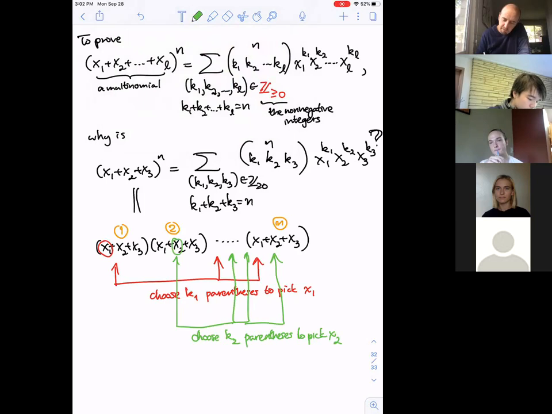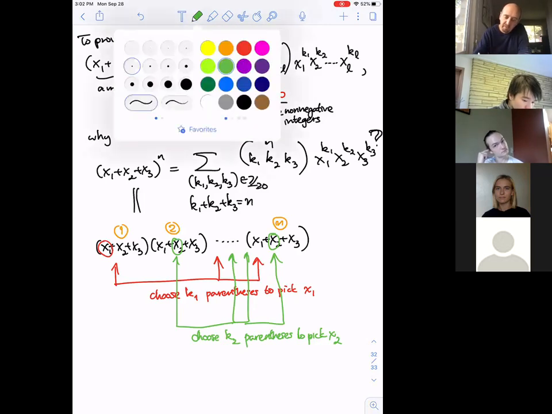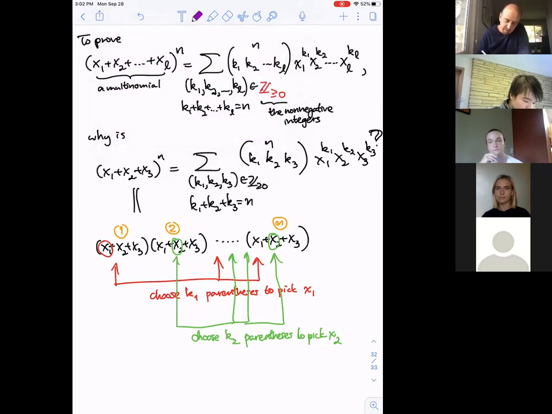So like this one and maybe this one. And it looks like I didn't give myself any parentheses to pick x3s, but I should have. And then maybe there was some intermediate parenthesis that I missed. Choose k3 parentheses to pick the x3 from.